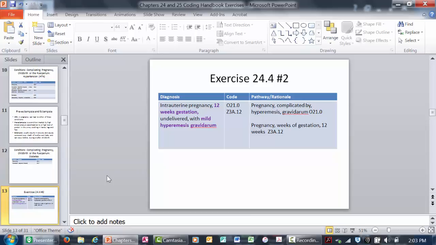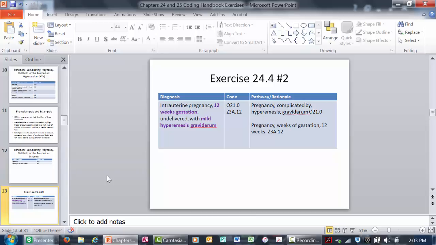Hyperemesis gravidarum is not uncommon in pregnancy. It's a pretty serious thing, though. They believe it's caused by rapidly rising HCG hormones in a woman's body, and it can make her have severe nausea, vomiting, really get her electrolytes off, and lose a significant amount of weight.